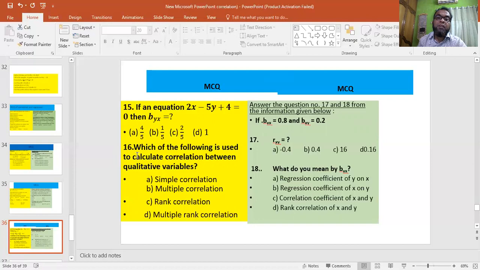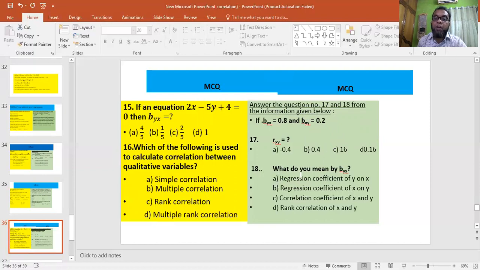So in number 16, the answer is C, rank correlation. Number 17, we have already done this sort of math earlier. Here both are positive, so the answer must be positive. r equals root over byx times bxy. In 17, the answer is 0.4.